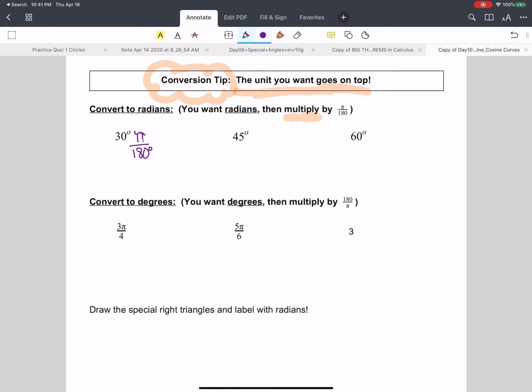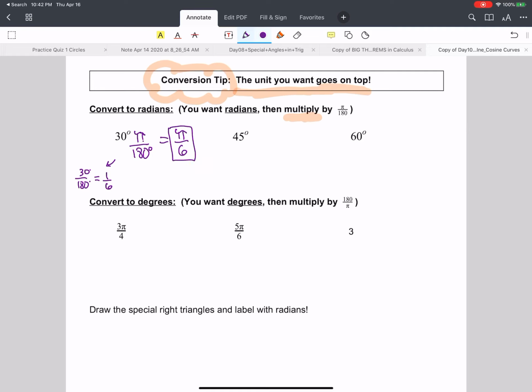On the side, that's 30 over 180. Simplify that, put it in your calculator, whatever you want to do. Yep, you thought it right. That's 1 over 6. So this is 1 over 6 pi, or you can say pi over 6 just to be all neat and fancy.